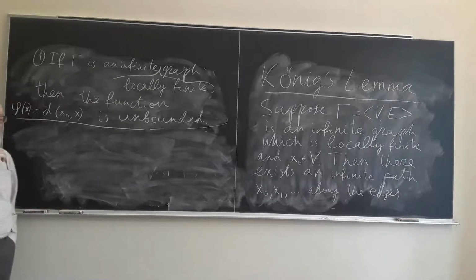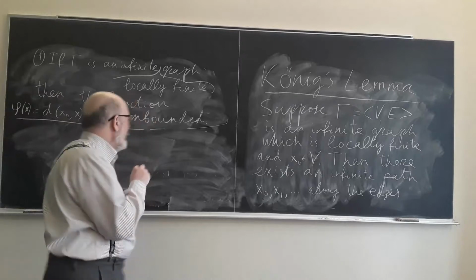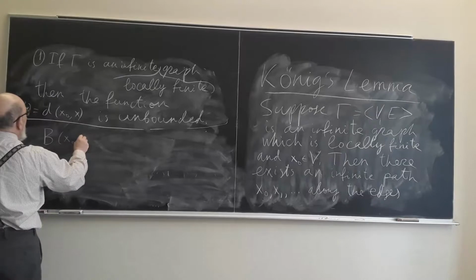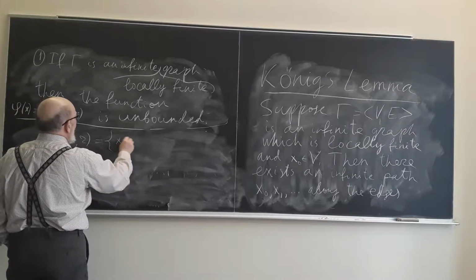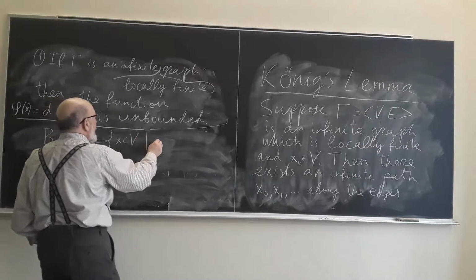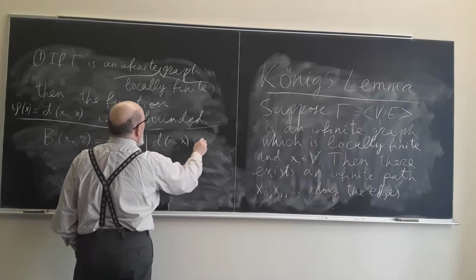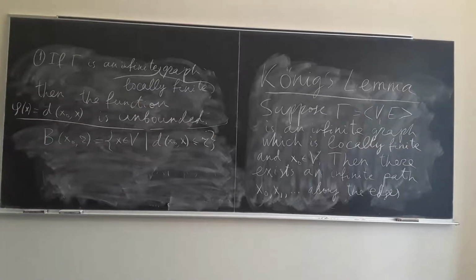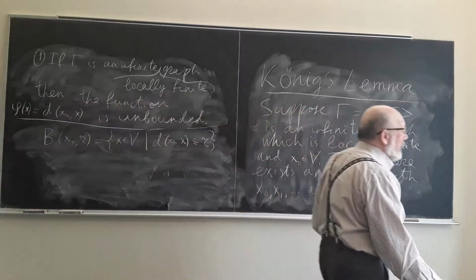If you have a metric space, then you can define what a ball is. B(x0, R) is the set of x in V such that the distance from x0 to x is less than or equal to R. So it is like a ball in any space, say in Euclidean space.